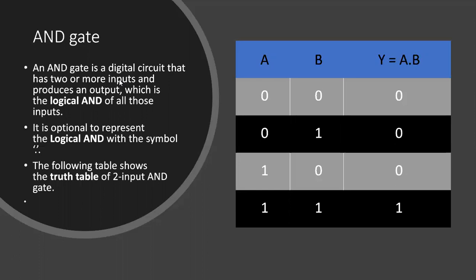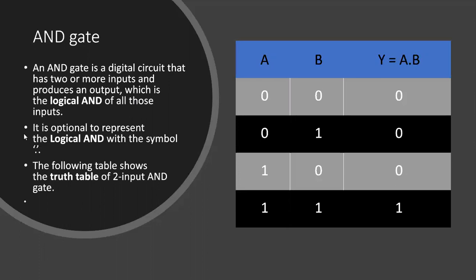Then that digital circuit is considered an AND gate, and the output of this AND gate is the logical AND of all the inputs. I will explain what the logical AND of all the inputs is.